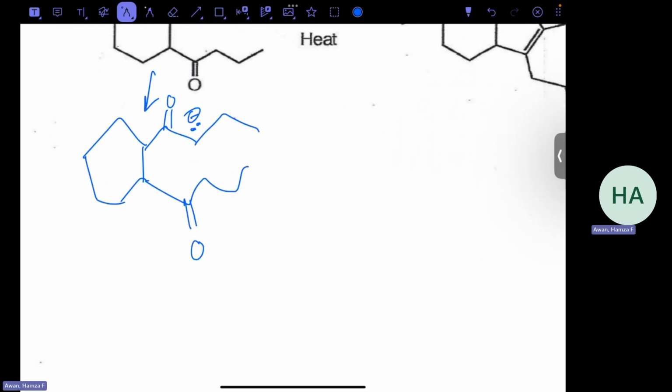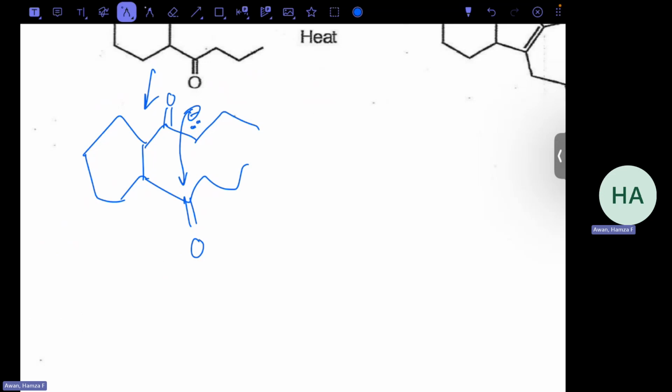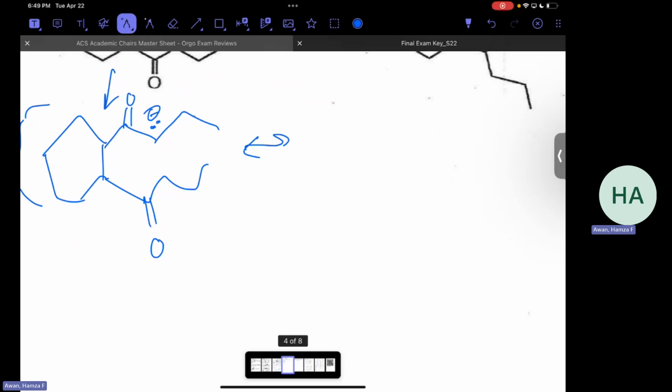So now what we can have is this lone pair attack this double bond, this carbon, sorry. And so what we can do here, actually no, I lied, we do have to do resonance, fortunately. So we have a resonance contributor here. So this comes and stabilizes this and creates an O minus charge.